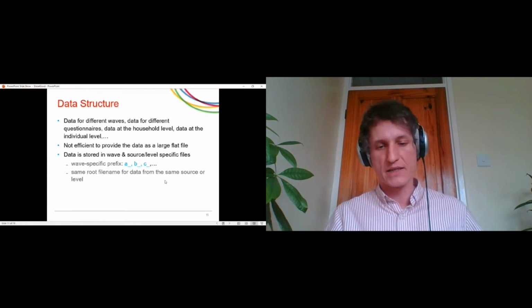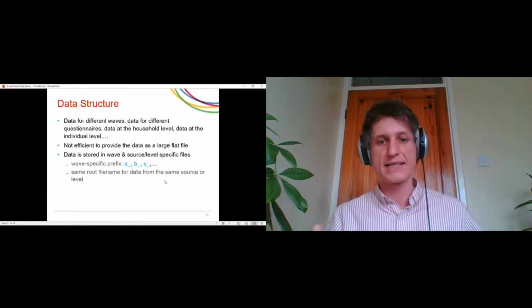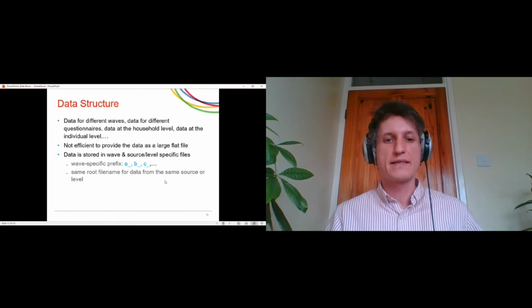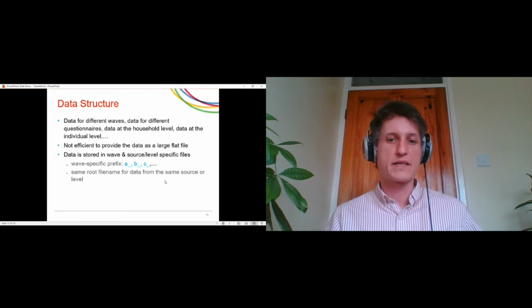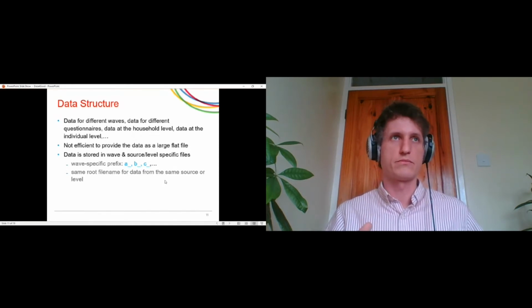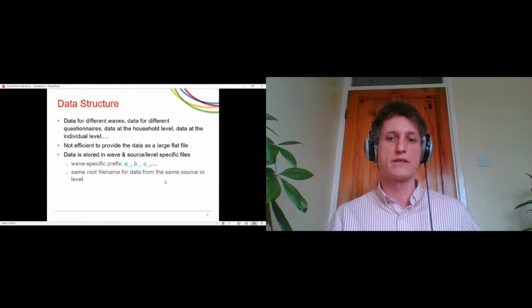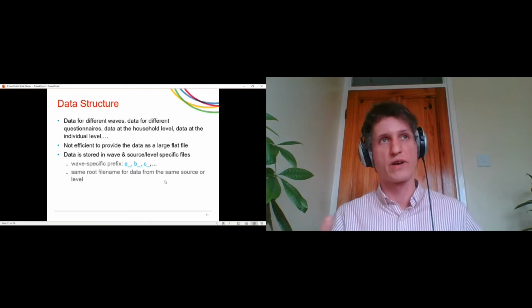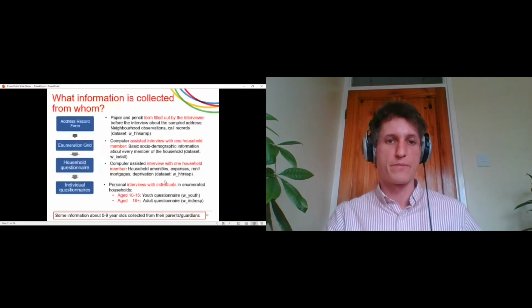Any file starting with A underscore is a file from wave 1, and so on. Secondly, we have root file names. In the name of each data file, there is a root file name, and this tells you from which source or level the data come.